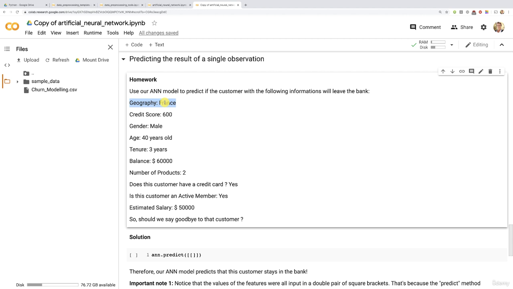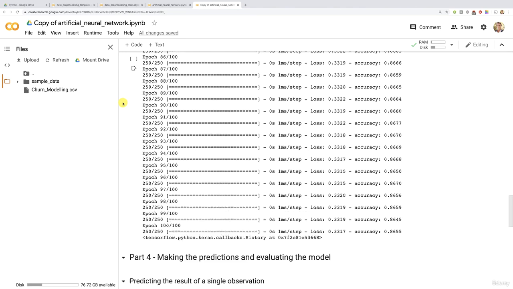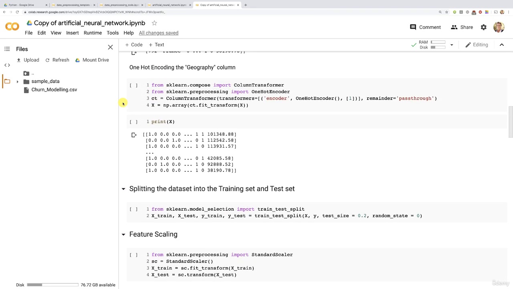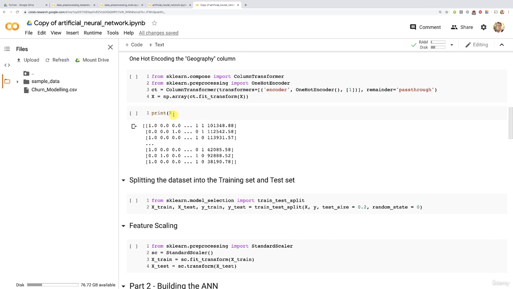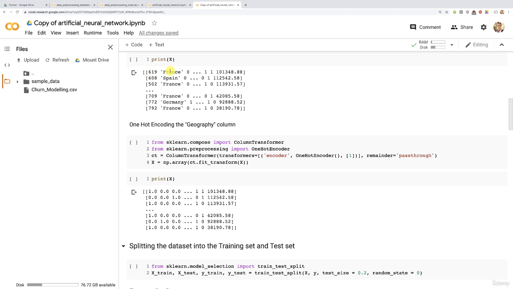That's the second thing you had to do correctly, and therefore now we need to check what was the encoding for France. Well, remember, if we have a look at our matrix of features X right above in part 1, data preprocessing, this is the matrix of features X, the whole matrix containing all the customers. In order to know what France corresponds to in terms of encoding, we just have to have a look at the first observation before one hot encoding was applied, because that first observation corresponds to France.